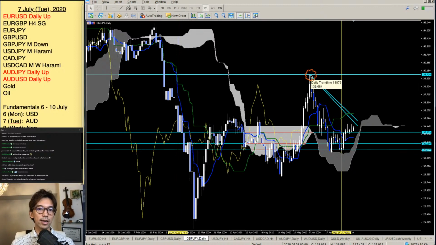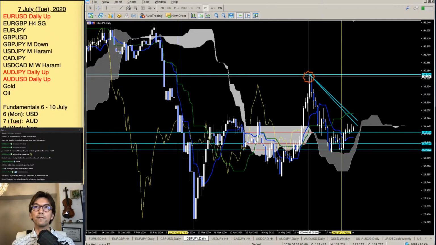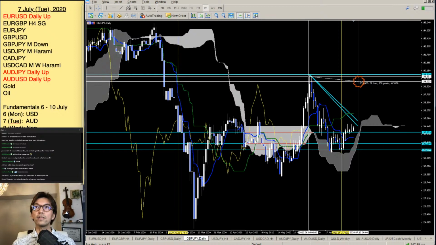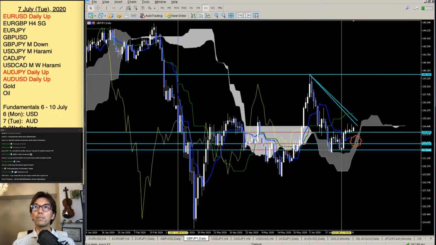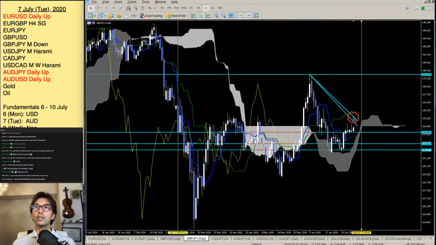The highest price was here, and if you count the candles from here, 26 forward will be exactly here. So I put the vertical line again like this. Let me just delete this one because it might be confusing. Okay, and I put these forecast lines like this.